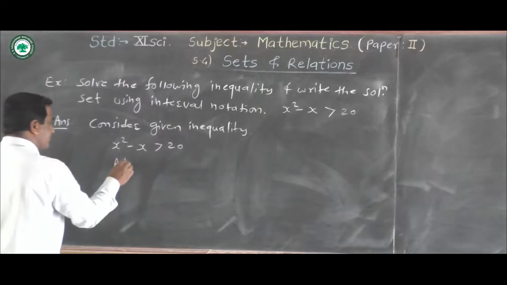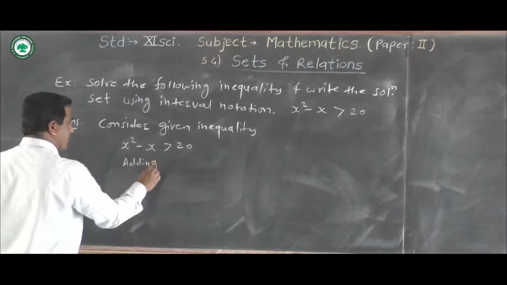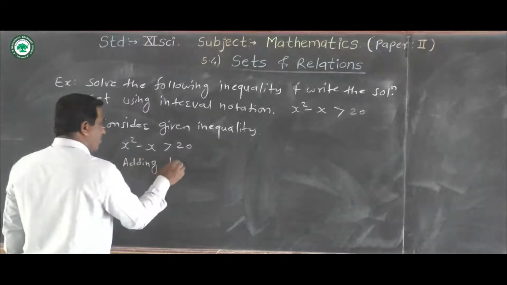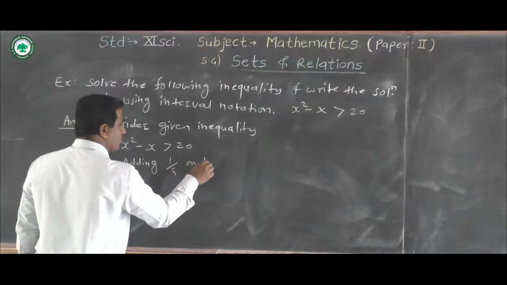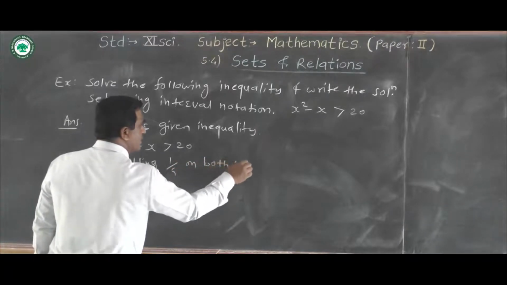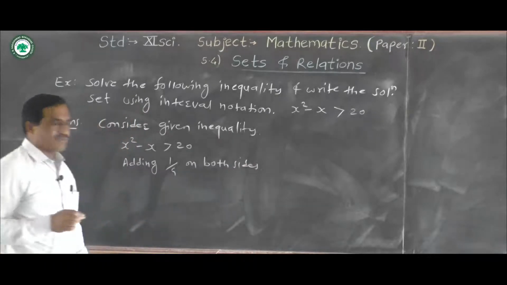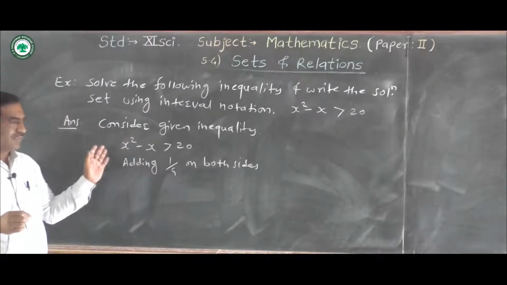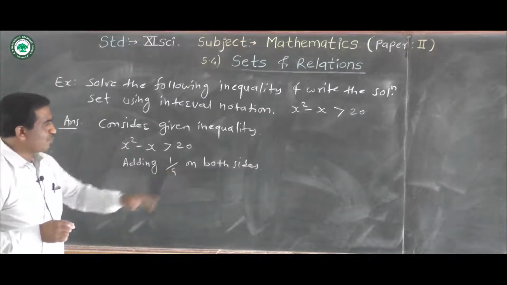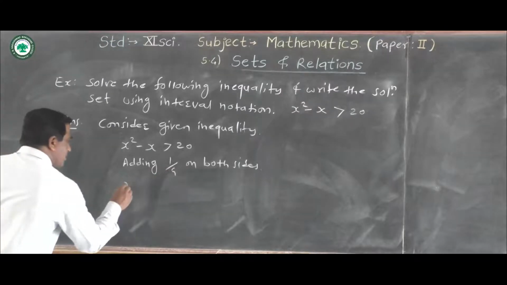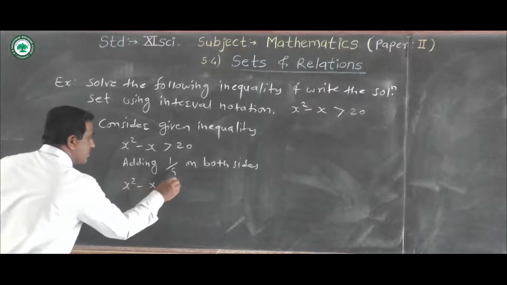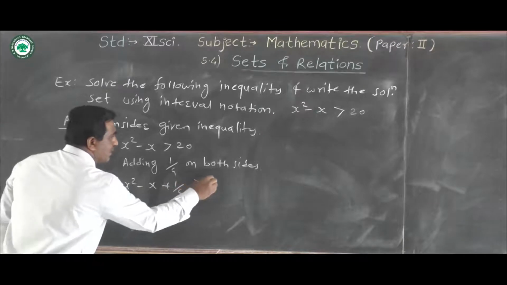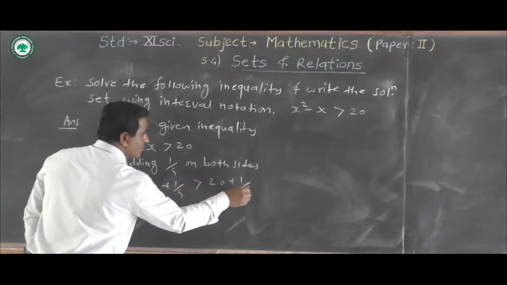Adding 1 upon 4 on both sides, we can write x square minus x plus 1 by 4 greater than 20 plus 1 by 4.